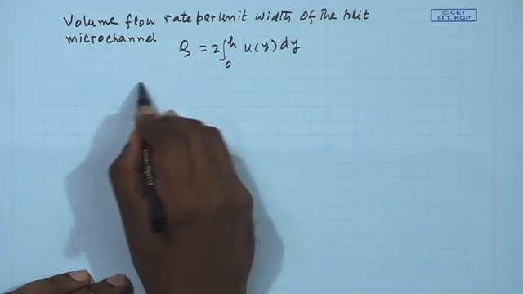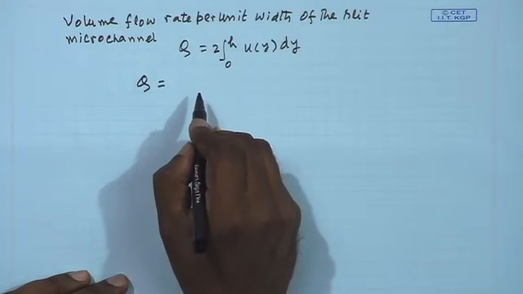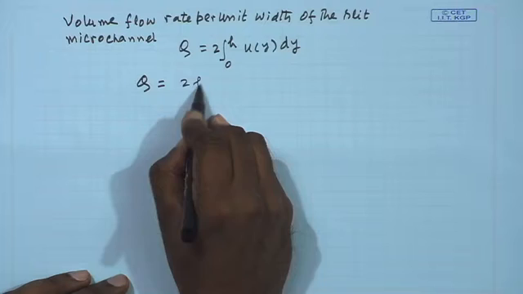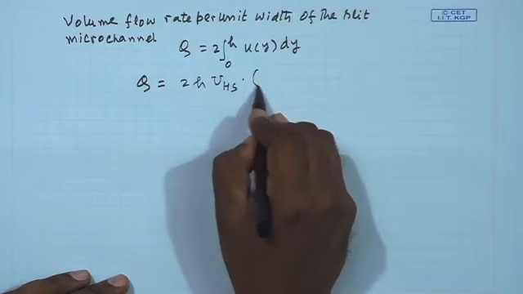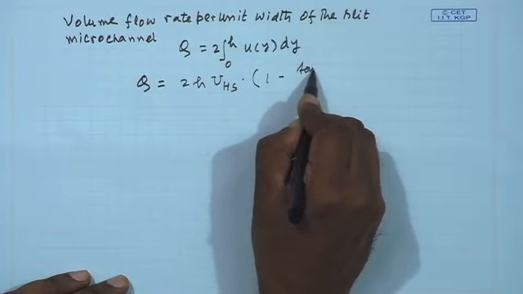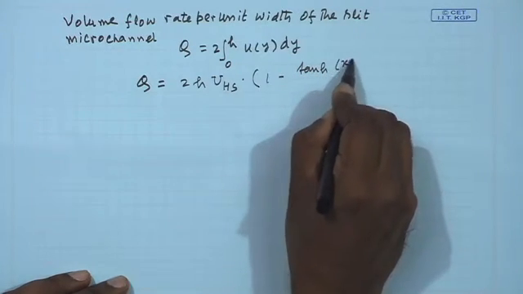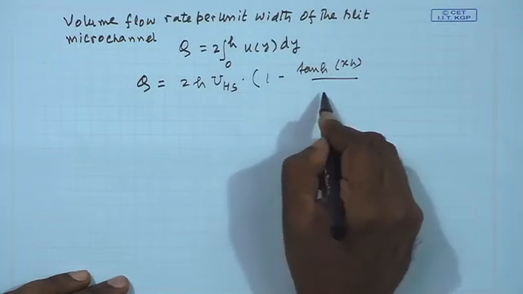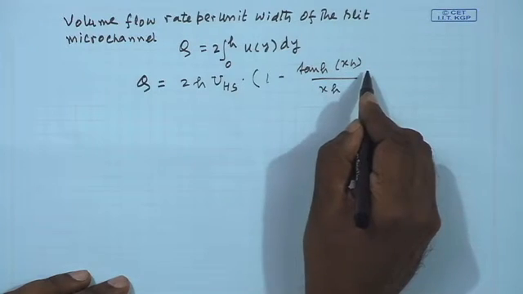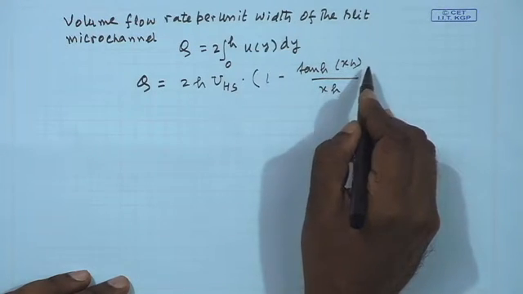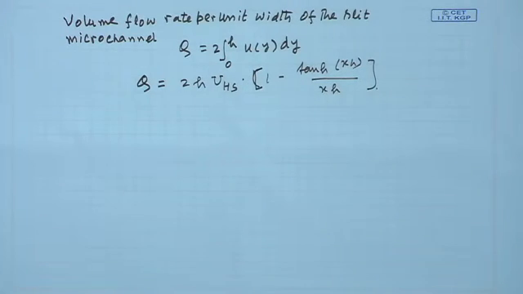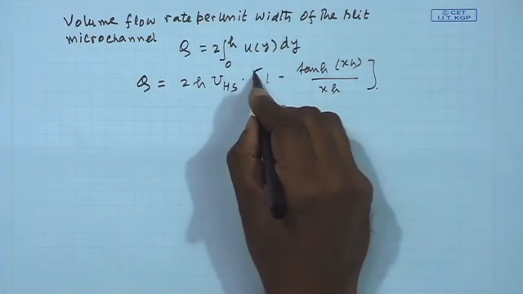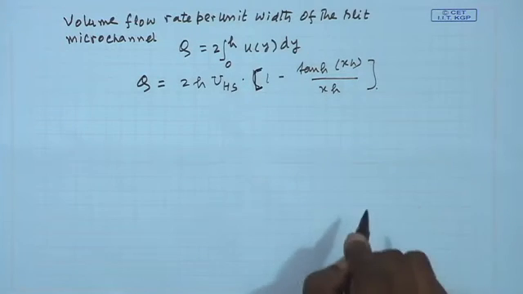So this Q becomes 2H UHS into 1 minus tan hyperbolic kappa h by kappa h. One can very easily deduce this formula.